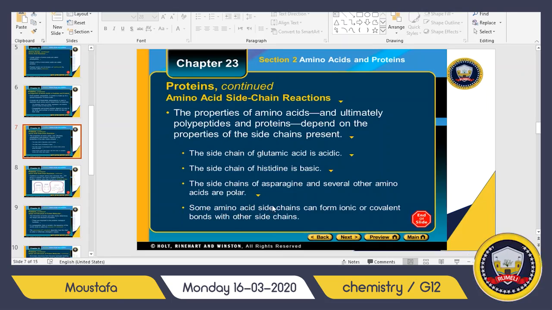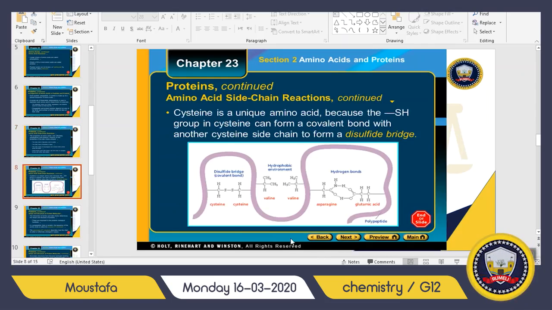Some amino acid side chains can form ionic or covalent bonds with other side chains, like cysteine, which has a sulfide group that forms a covalent disulfide bridge. See this structure: this disulfide bridge is a covalent bond, and you understand the difference between a covalent bond and a hydrogen bond.